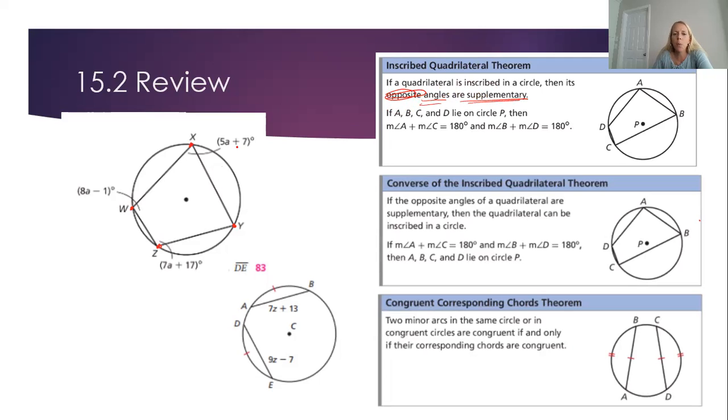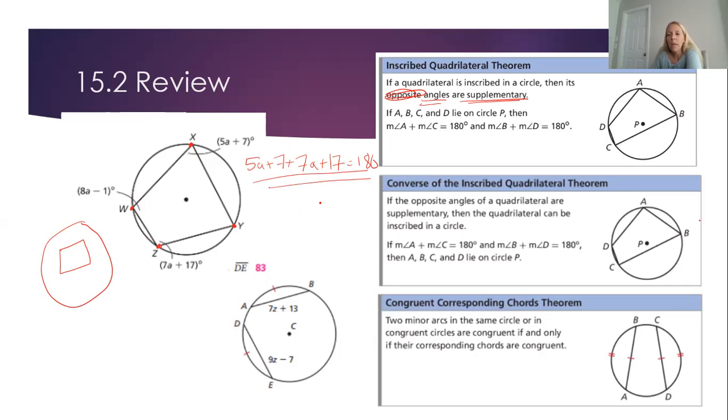So in this problem, 5a plus 7 plus 7a plus 17 equals 180, simply because of the inscribed quadrilateral theorem. If the quadrilateral is inscribed in a circle, let's make sure we know what that means. This is not inscribed because the vertices are not on the circle. If it's an inscribed quadrilateral, then we know this is true.